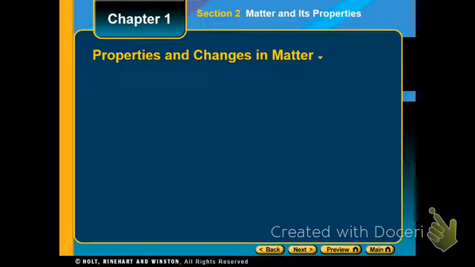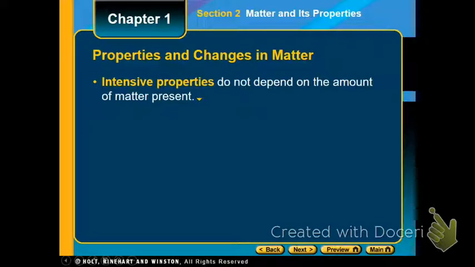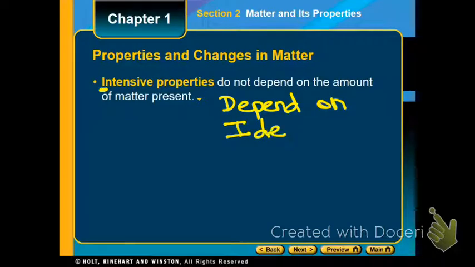If I'm looking at intensive properties, they do not depend on the amount of matter present. Another way to look at this, intensive starts with the letter I. So intensive properties depend on the identity of your substance.